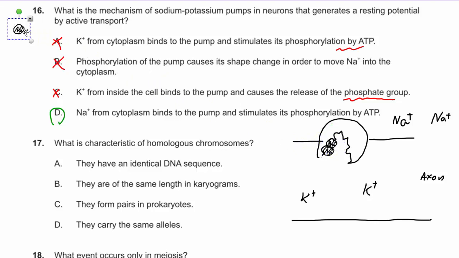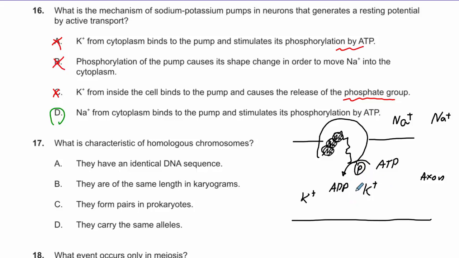So now it's filled, and when this is full with 3 sodiums, then ATP, an adenosine with 3 phosphates, transfers one of them and becomes ADP, and this phosphate group represents a lot of energy.